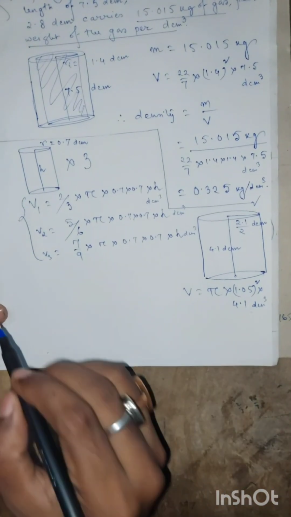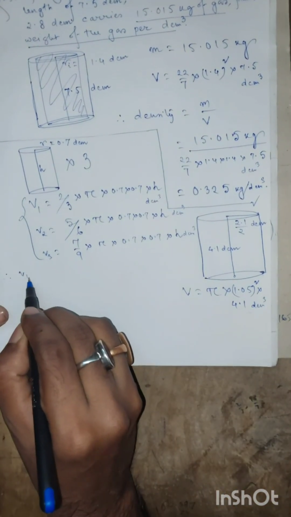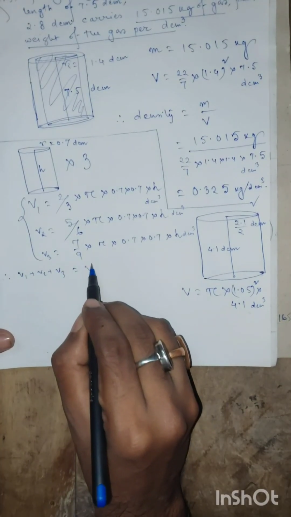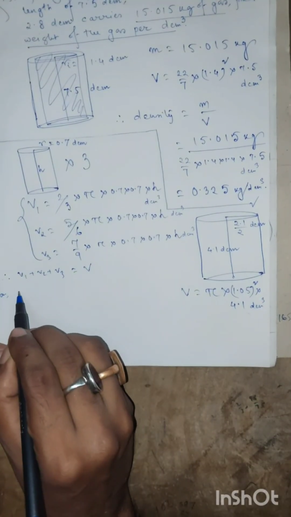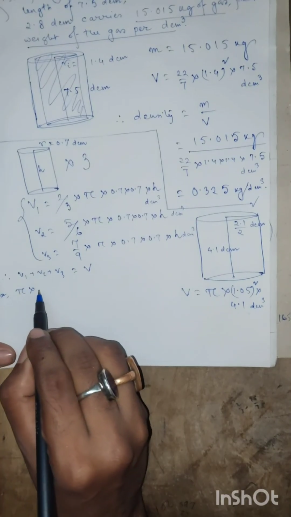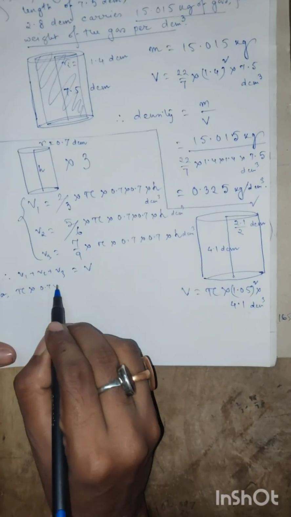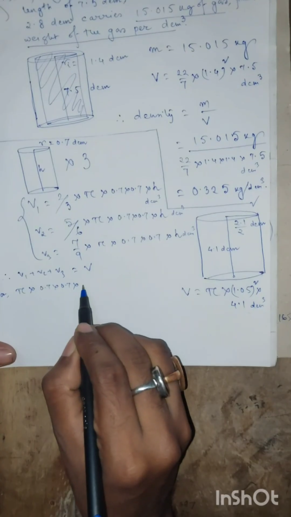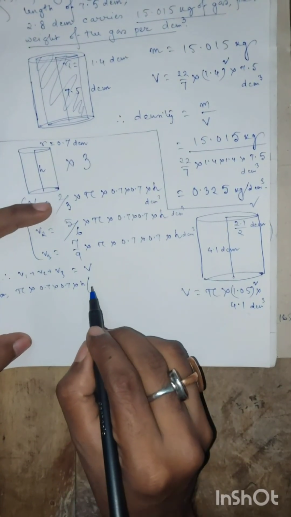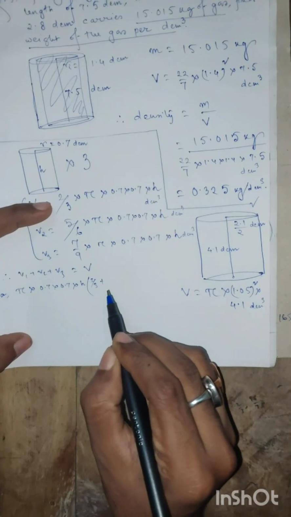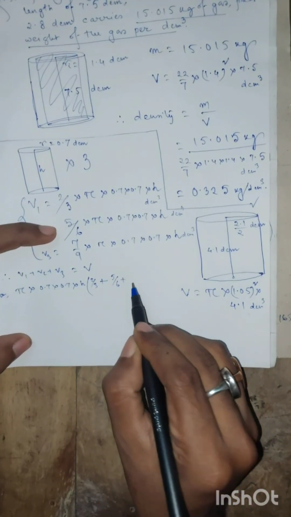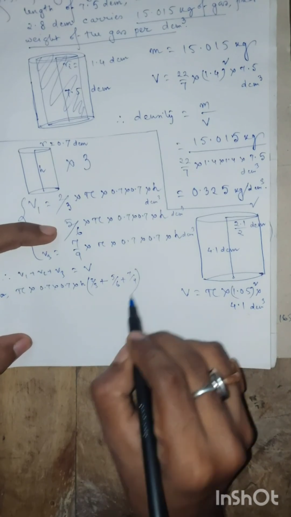So we can write, therefore V1 plus V2 plus V3 should be equal to capital V. Or we can write pi into 0.7 into 0.7 into H within bracket 2/3 plus 5/6 plus 7/9.